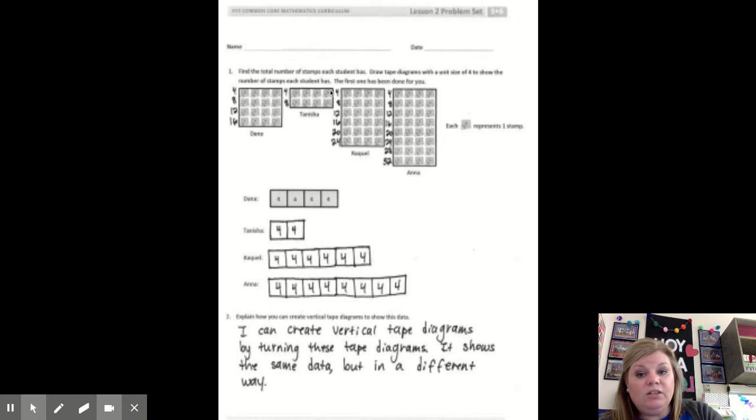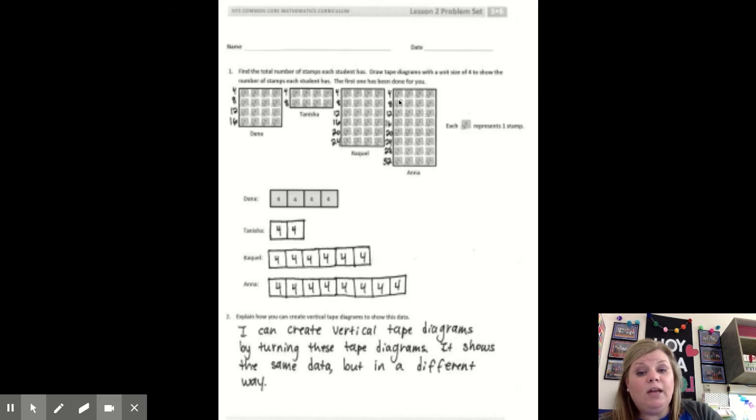Now Tanisha, she has 2 rows of 4. So she would have a tape diagram of 2 with 4 in each. Now Raquel has 1, 2, 3, 4, 5, 6, so she drew a tape diagram of 6. So 6 going across, and there's 4 in each.